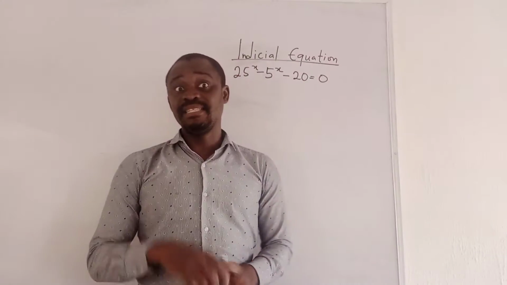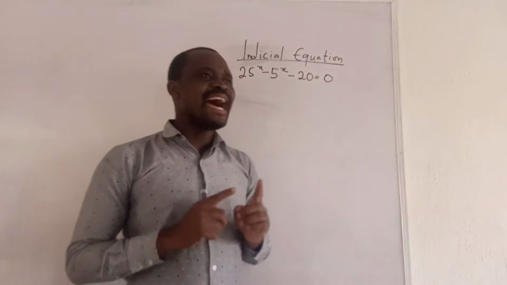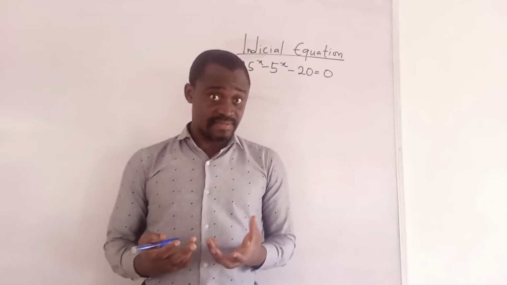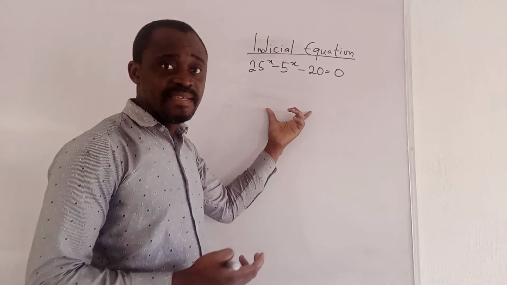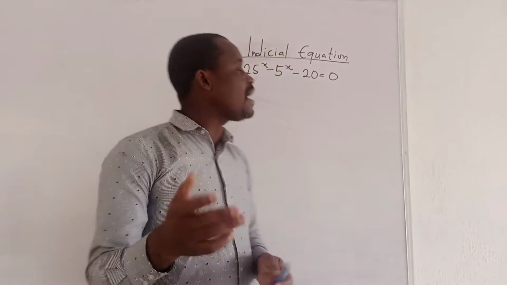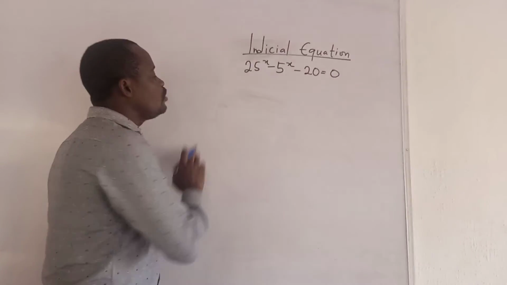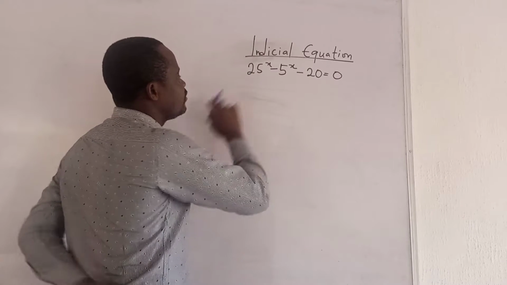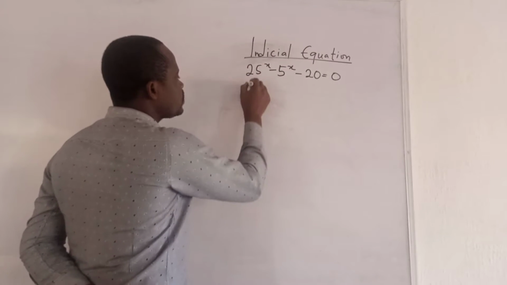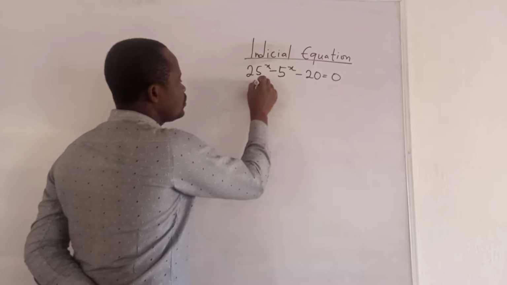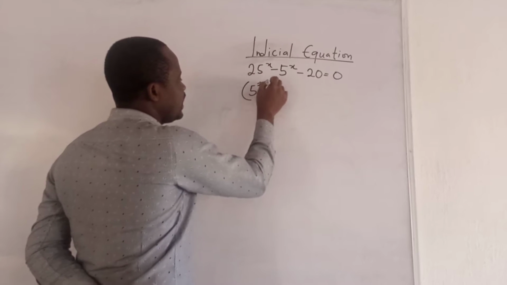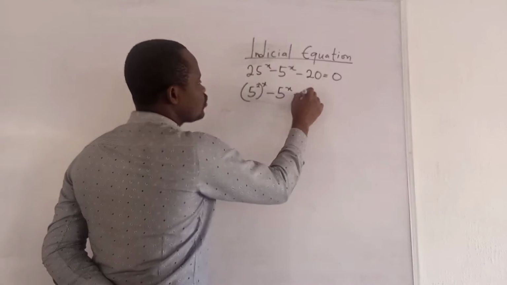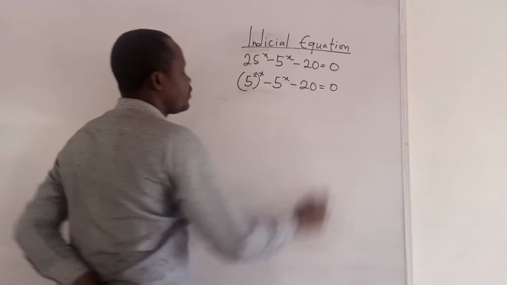So the first thing is, how do I tackle this? Have this in mind that in initial equation, you are going to be having a situation that leads to quadratic equation in some cases. Are you okay? Like a case like this leads to quadratic equation. So how do we do this? The first thing we do is, I would like to break this down. Since I'm having a 5 here, let me break this down. This will be 5 raised to 2x minus 5^x minus 20 equals 0.